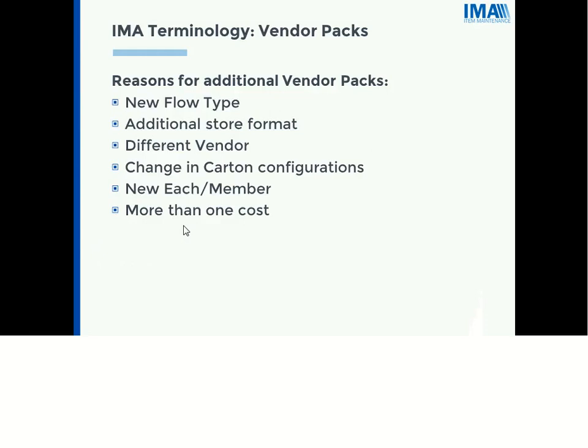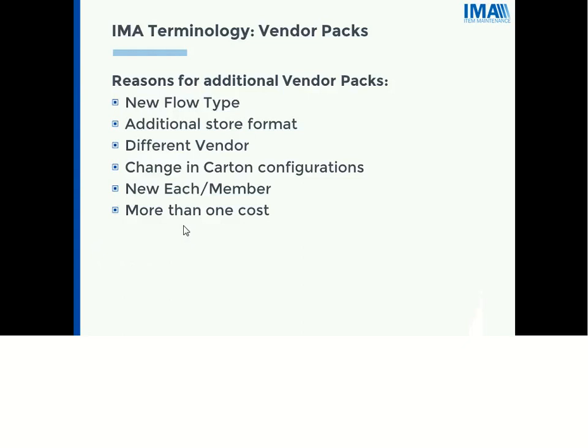So some of the reasons they could do that is if you have a new flow type, if you've been shipping BC and you need to start shipping BSD. Additional store format, you've been doing Sears, and now they also want to sell it in Kmart. If it's a different vendor, so if one vendor has been supplying an item for a while and they're going to discontinue supplying it, and another vendor is going to come in and start supplying that same exact item.